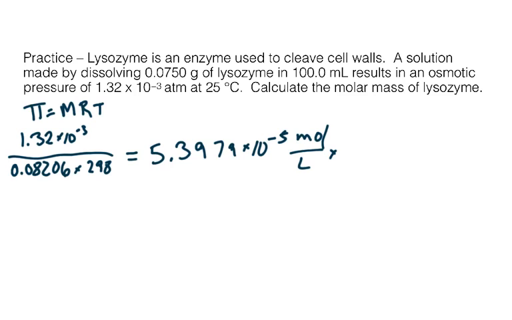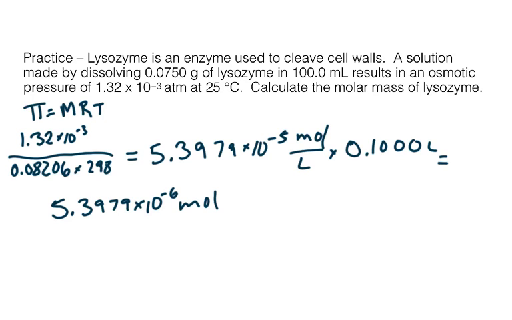Multiply by my liters, 100 milliliters is 0.1000 liters, which gets me 5.3979 times 10 to the minus 6 moles, and that is 0.0750 grams.